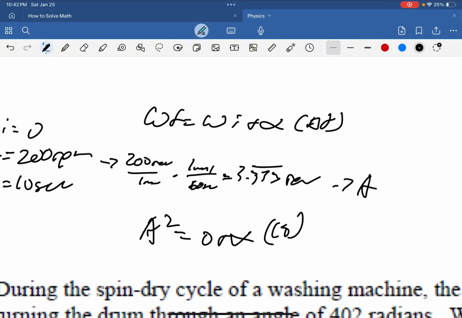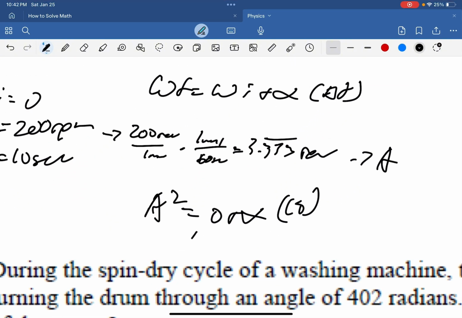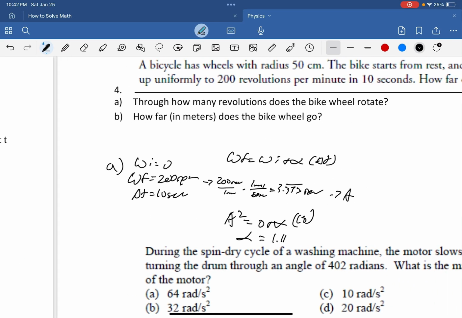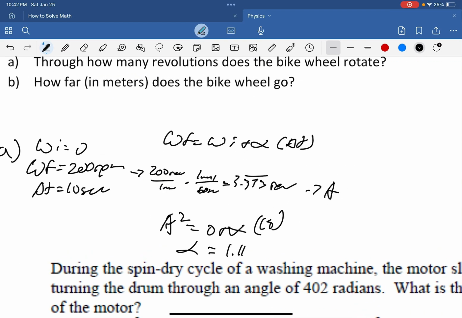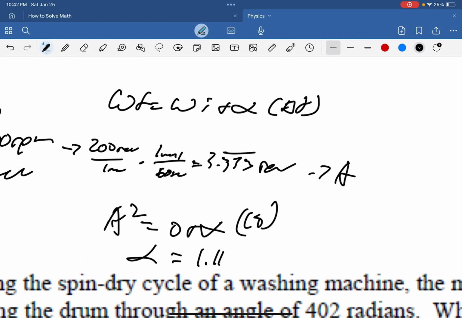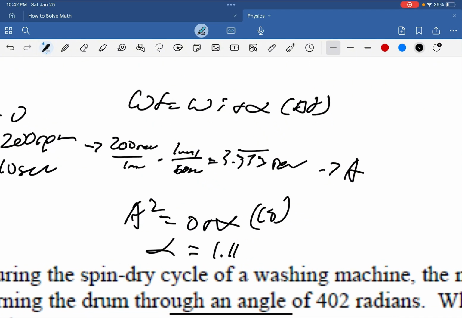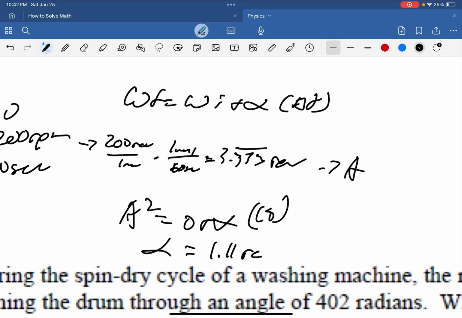Sorry, no, I didn't mess up. Right now, I solved for alpha, which isn't how many revolutions it goes. So this is alpha in revolutions per second squared, I'm pretty sure.